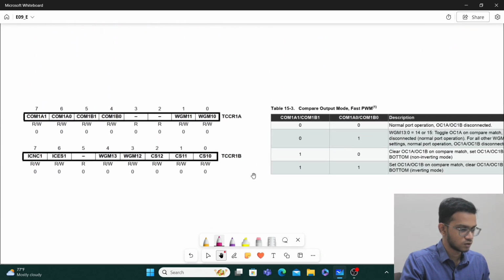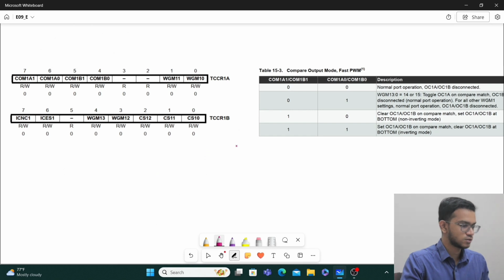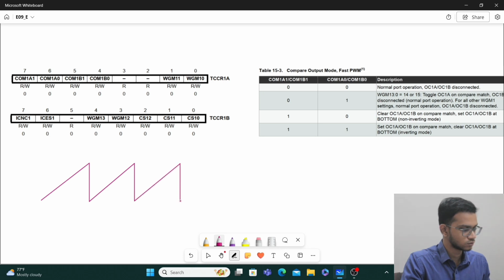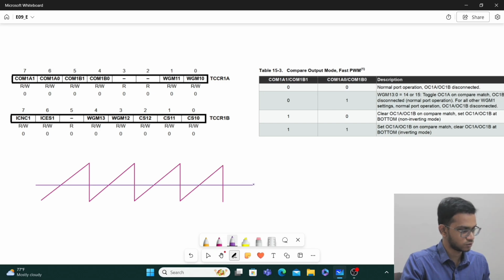Moving on, we have several ways to produce PWM. If this is my sawtooth, and if this is my duty ratio, I can write a logic which says something like this.